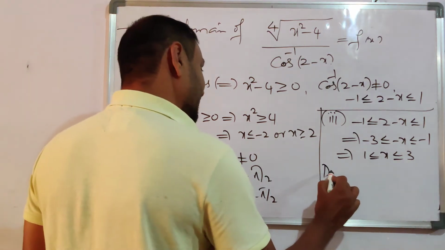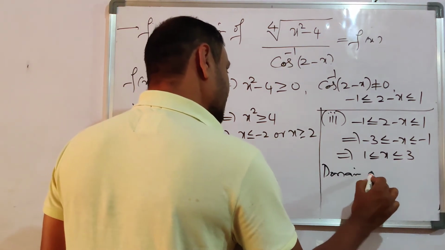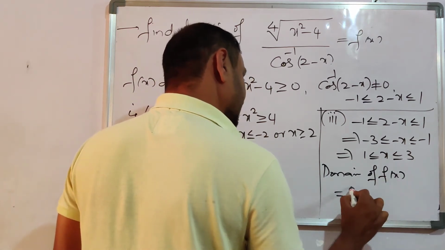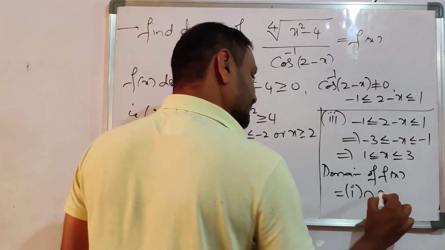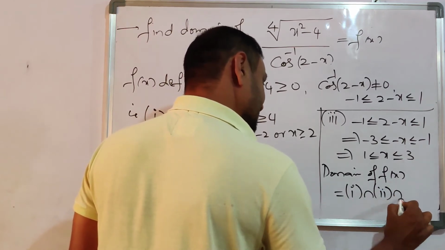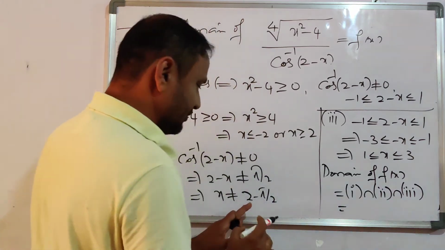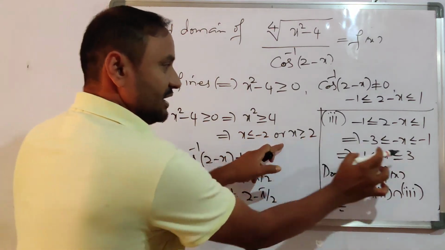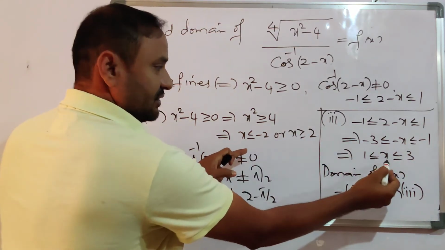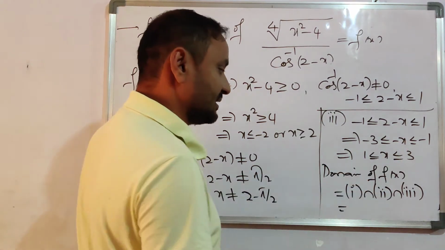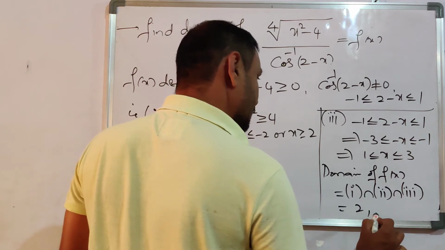Therefore the domain of f of x is equal to 1 intersection 2 intersection 3. This is 1 above, first the intersection of these two. There is no negative in this, that's why I eliminate this interval. 2 to infinity intersection 1 to 3, that is 2 to 3.